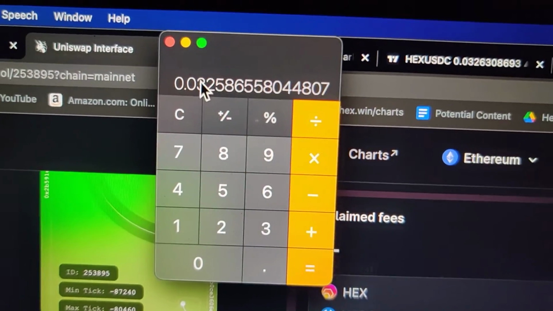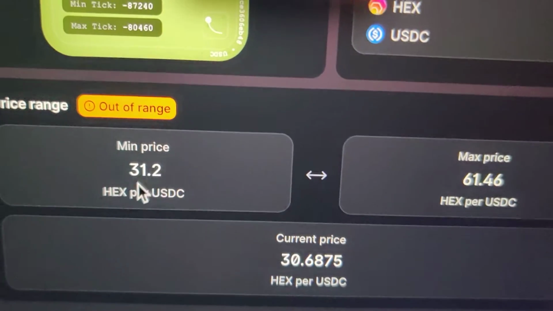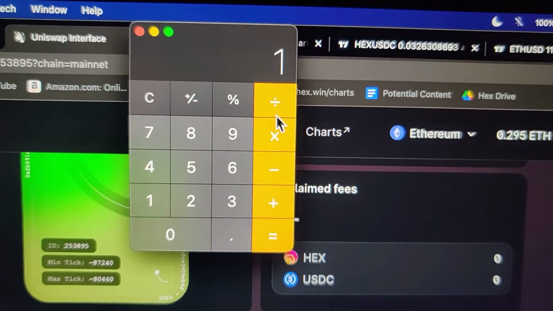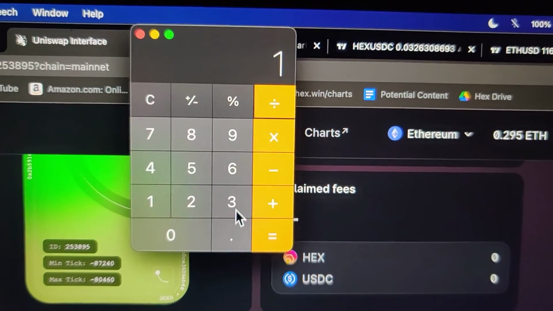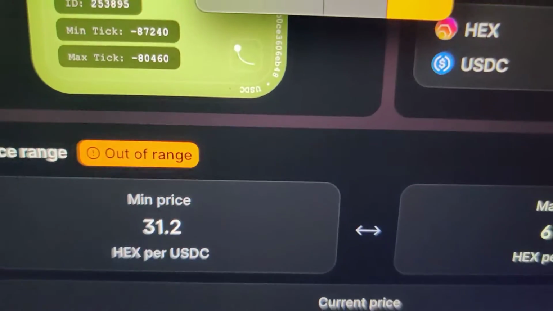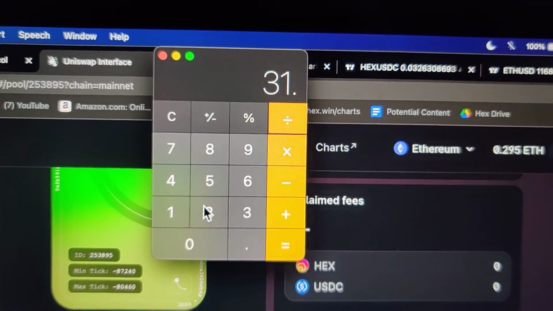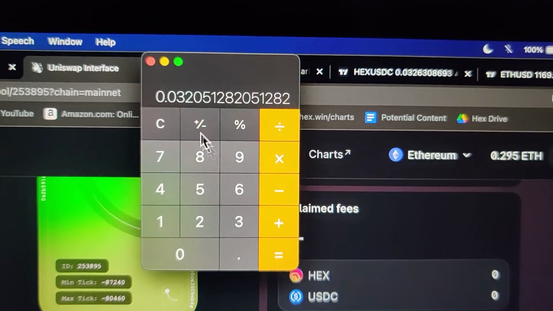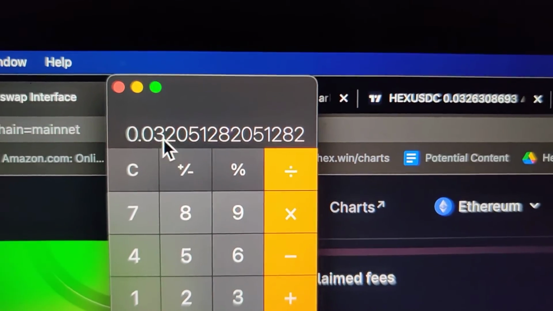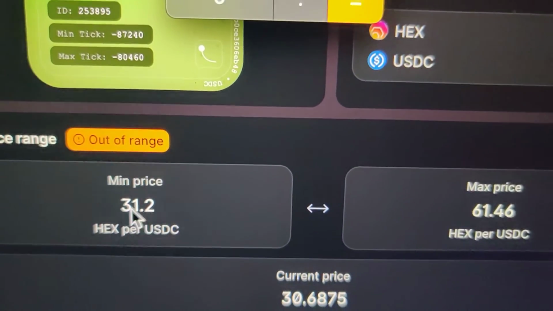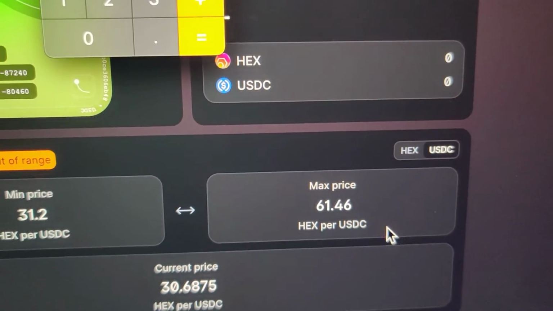So 3.258 cents. I need to get it to 31.2. So I go 1 divided by 31.2 equals. So I need the price to drop to 3.205 cents. Then I will begin providing liquidity.